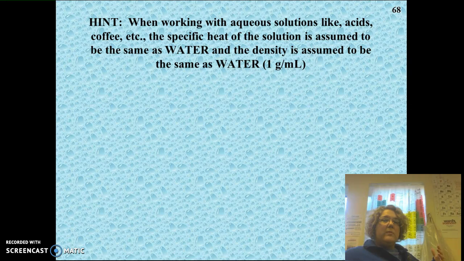And we also assume that the density is the same as water, so there's 1 gram for every milliliter. Sometimes it'll tell you you have a 50 milliliter solution and won't tell you the mass, because you're supposed to assume that, like water, 50 milliliters of the solution would be equivalent to 50 grams, because the density is 1.